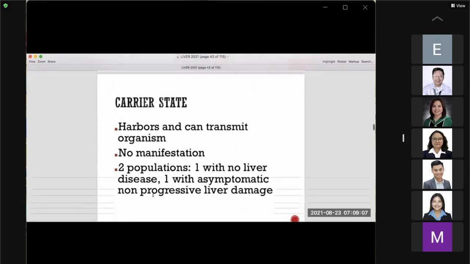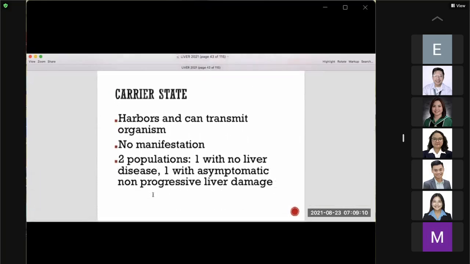When we say carrier state, the individual harbors the virus and can transmit the organism, but they don't have manifestations. There are actually two populations of this. One with no liver disease. That's one population. And the other population is those who are asymptomatic but have non-progressive liver damage.